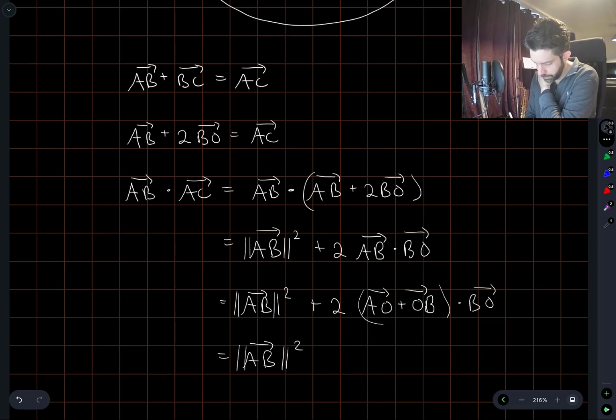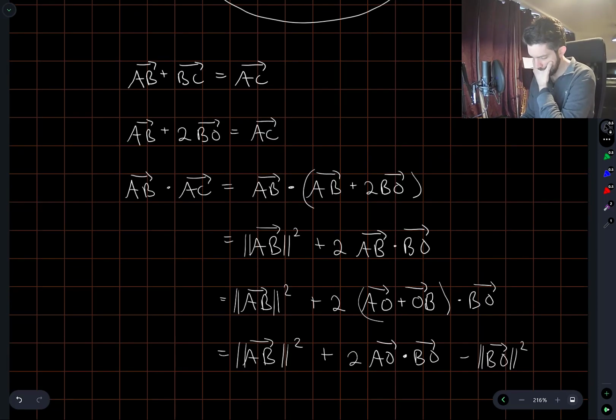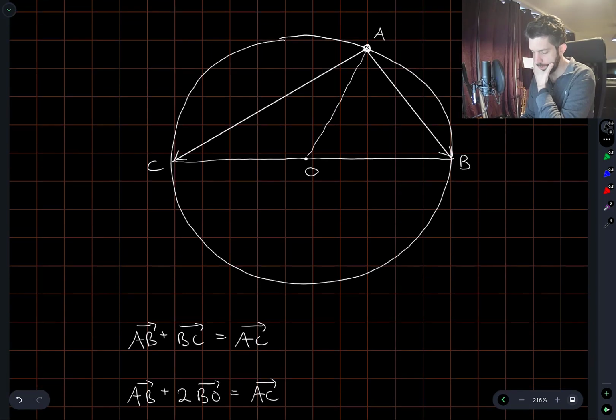Let's see if this gives us anything useful. So I'd have 2AO dot BO plus 2OB dot BO, but OB dot BO is just negative, well, no, it'll be negative the magnitude of that vector squared. AO dot BO.